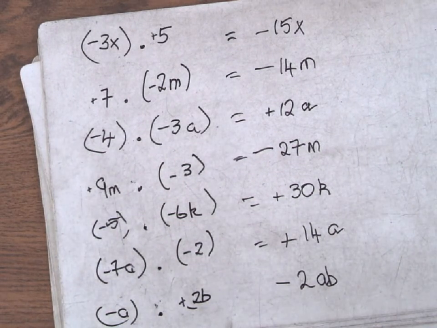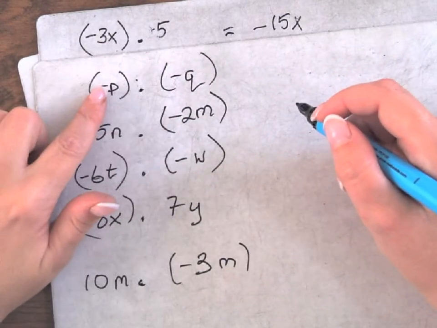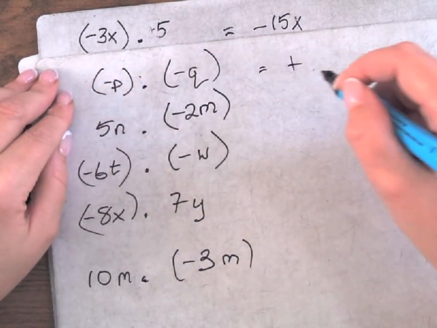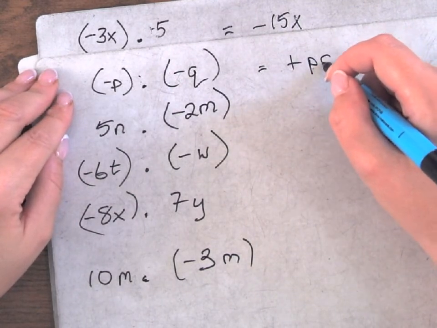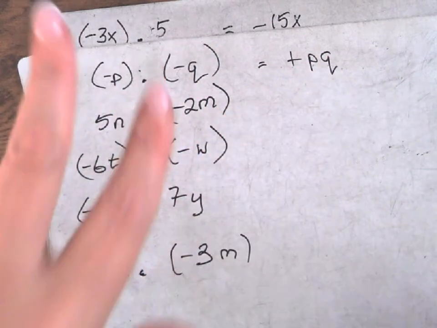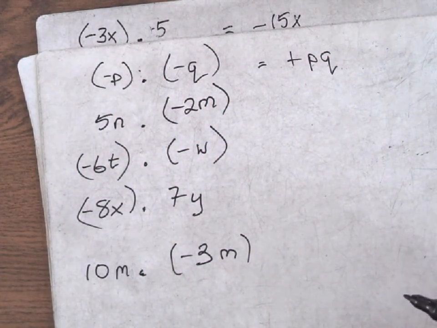You all okay? Next one, we have a minus by a minus is a plus, and then we just P by Q is just PQ. Okay, as I say, you don't have to write that plus, right, because if it's not there, it's understood to be there, so it's fine not writing it.